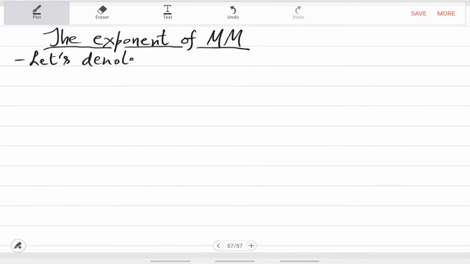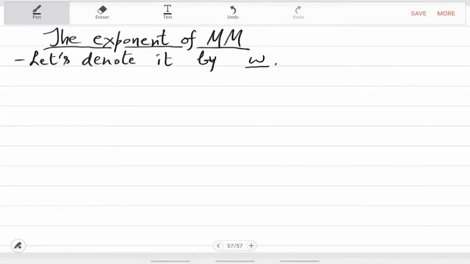So let's denote the exponent by omega, not to be confused with omega we were using before, the root of unity. So this omega is just a number expected to be somewhere between 2 and 2.37.